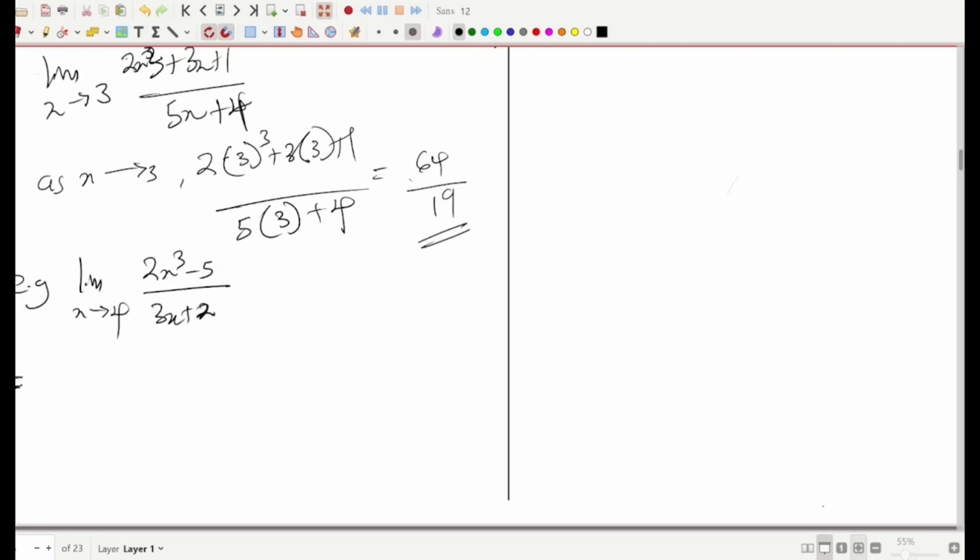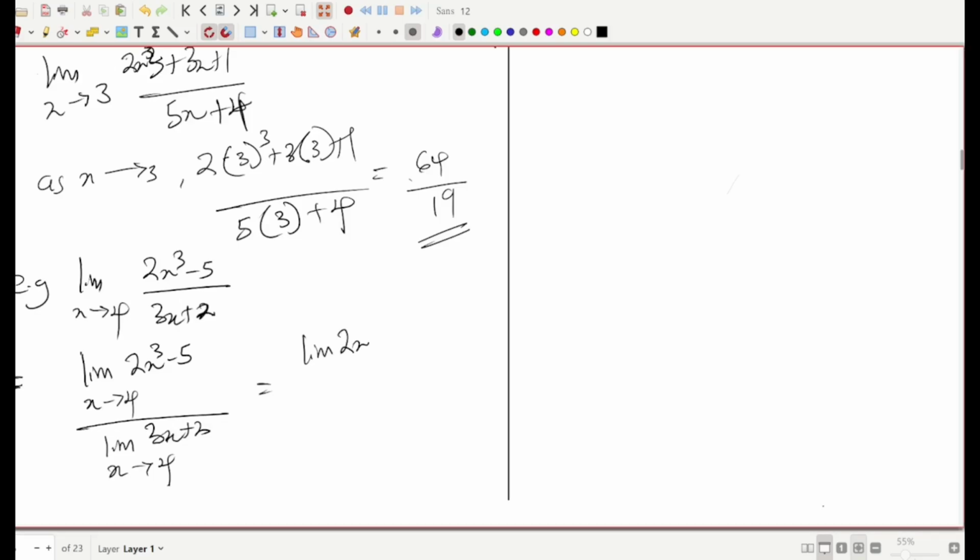Let us apply the limit rules first. So this can be written as the limit. We are using the quotient rule first. So for the quotient rule, find the limit of the numerator first, divided by the limit of the denominator as x approaches 4. What are we getting? We end up with, for the numerator, we can apply the difference rule.